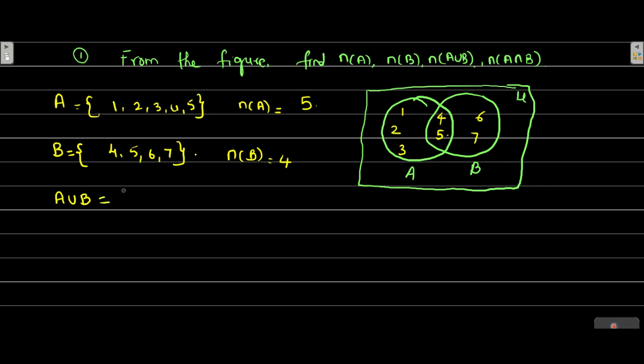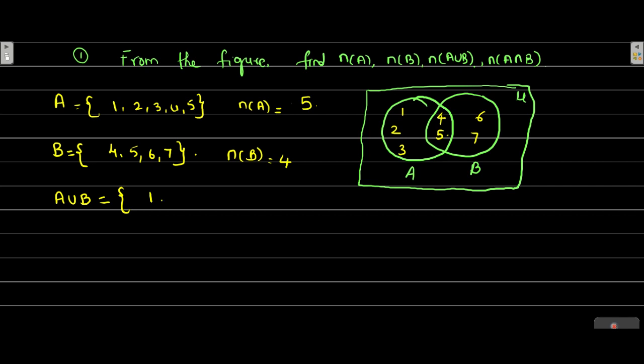A union B comprises all the elements of set A and B. Whatever is there in these two circles should be written as set A union B. That is, what is there? 1, 2, 3, 4, 5, 6 and 7.